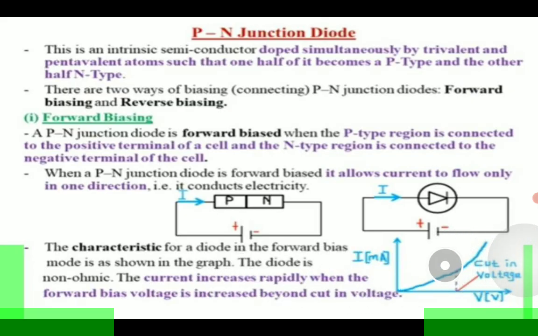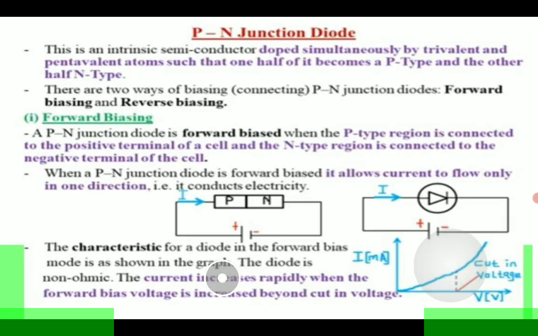All right, so because the graph line is not straight, as you can see here, we say that a diode is a non-ohmic conductor, meaning it does not obey Ohm's law. Remember that Ohm's law says that electric current is directly proportional to the voltage across a component under constant conditions such as temperature and other factors.